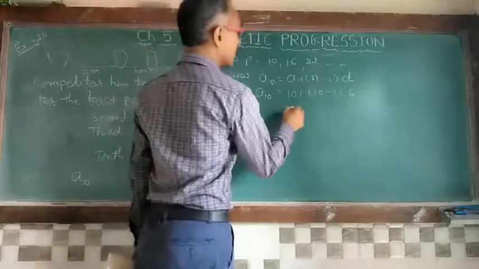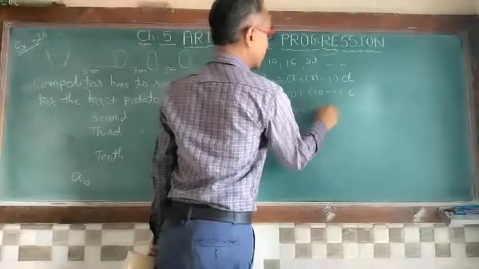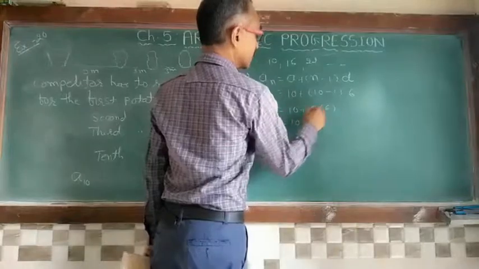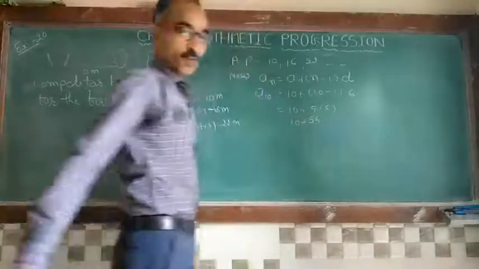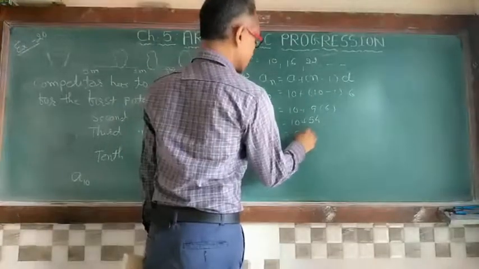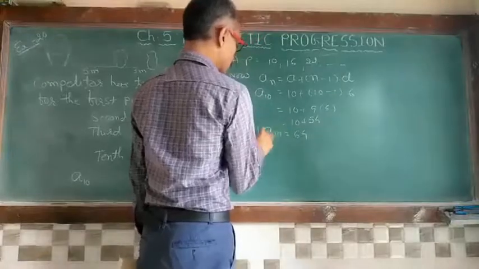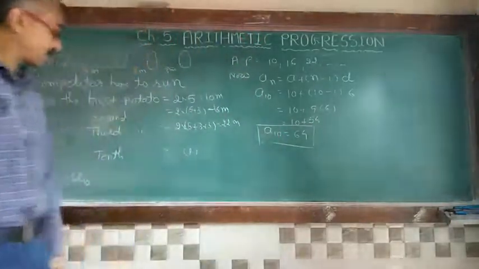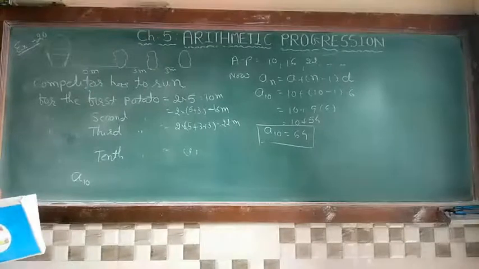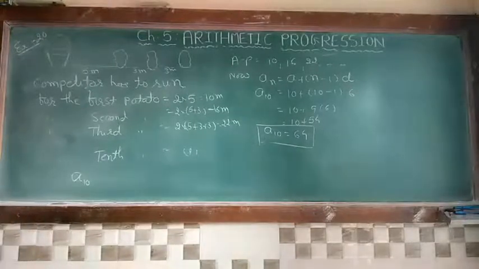So here 10 plus 9 into 6. 9 sixes are 54. That means it is 64. So your last term, the 10th term, is 64. The distance is 64. That is your last term.